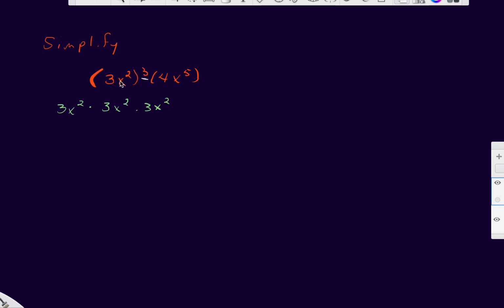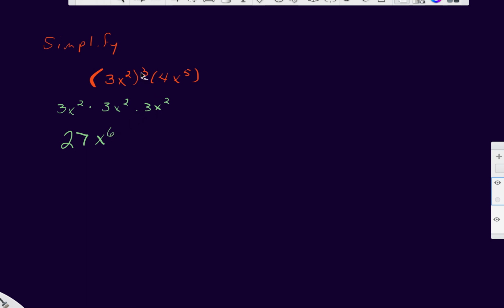Well, instead of writing all that out, let's just go ahead and cube the 3 and then cube the x squared, right? And we can count them up as we go, but you don't have to write this out on the test. So we have 3 iterations of 3x squared. So 3 times 3 times 3, of course, is 27. And then x squared times x squared times x squared is x to the sixth.